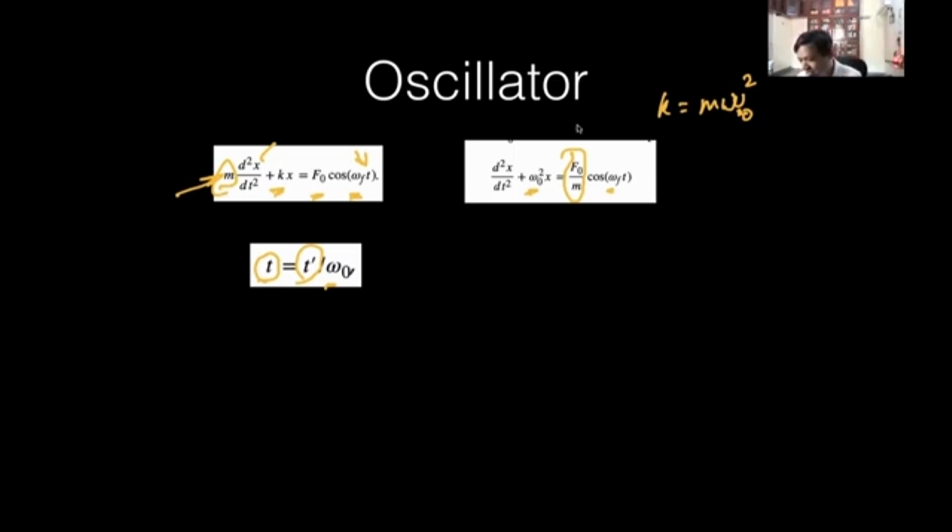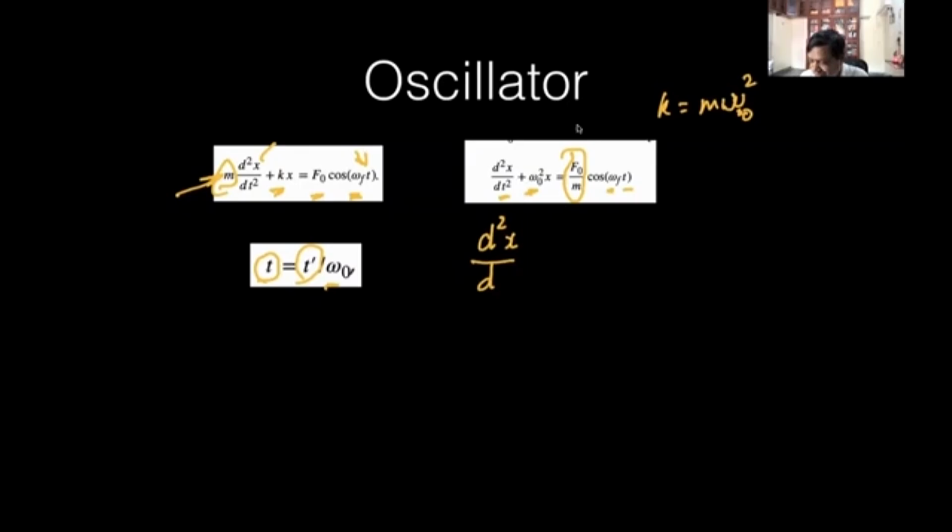So instead of the variable t, I'm going to use t prime in my equation. There are two places where t occurs, and I'm just going to replace it. So d squared x by dt squared: t occurs twice, since it's dt square.